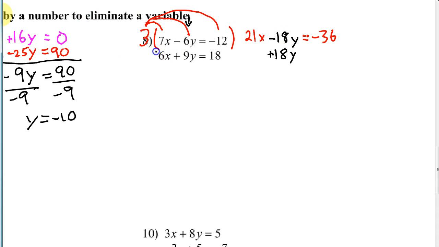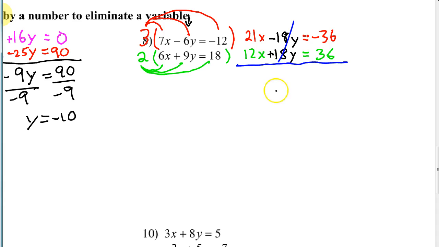And same thing here. We need to get a positive 18y. So what do I need to multiply 9y by to get positive 18? So you do 2. So you get 12x, 18y, and then equals 36. And you can solve.